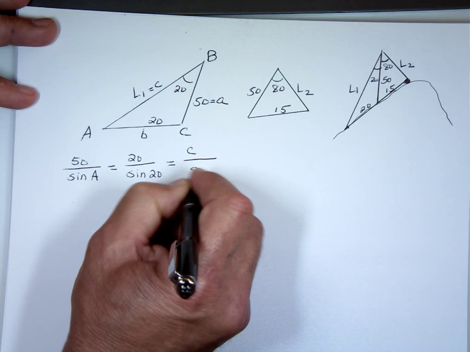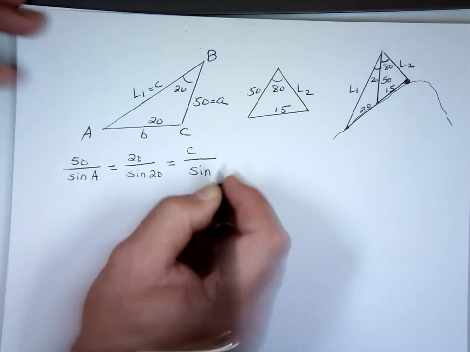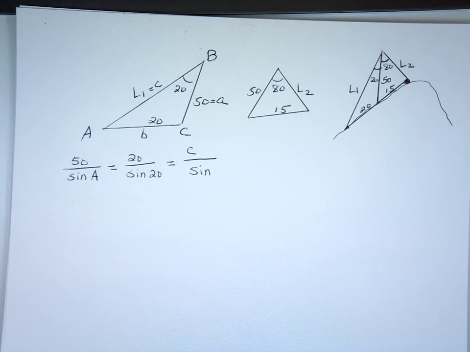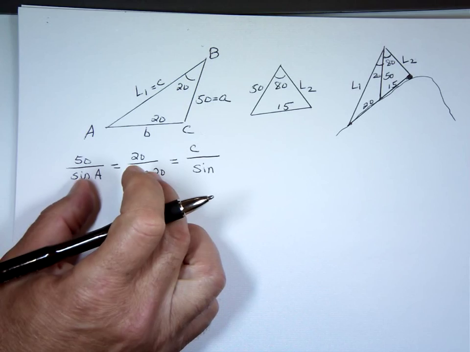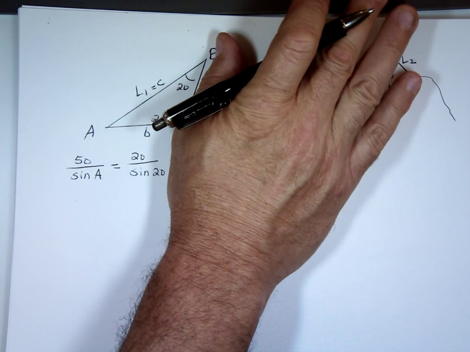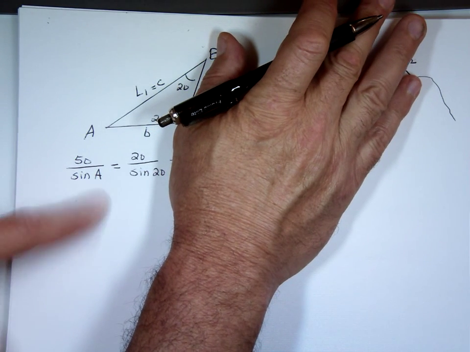I don't know what that angle is. Let me wait on that. Now let me look at the first one, the first group. Can I solve this one? Can I find what? There's only one unknown in it, which is angle A.